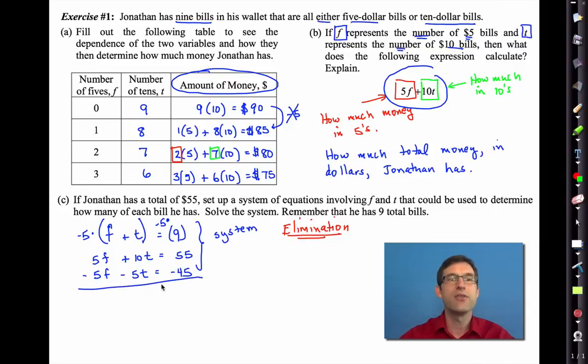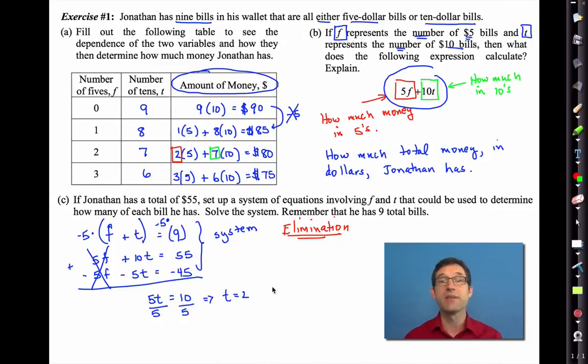Now remember, the reason I do that is because when I add in the elimination method, these 2 now will cancel. 10t plus -5t will be 5t, and 55 plus -45 will simply be 10. Simple now to solve, dividing both sides by 5, we get t is equal to 2.